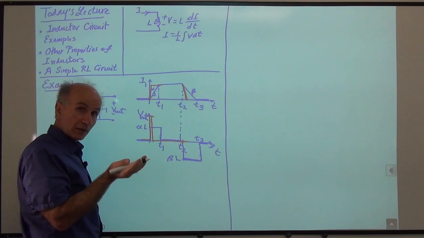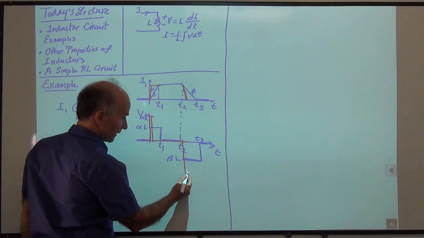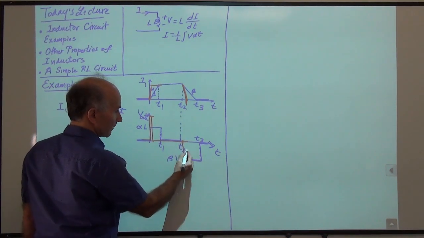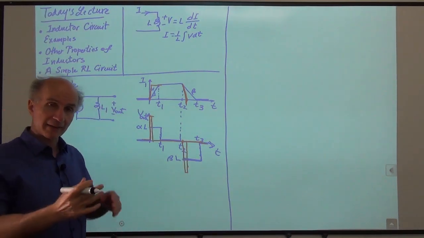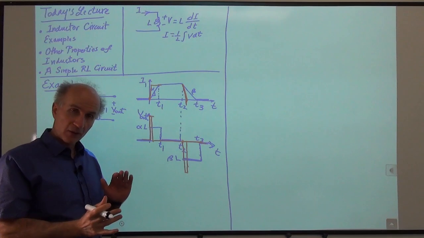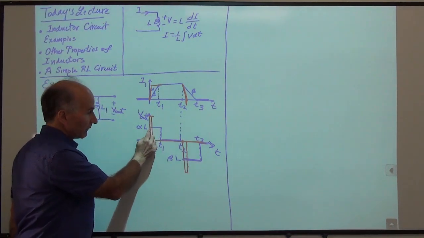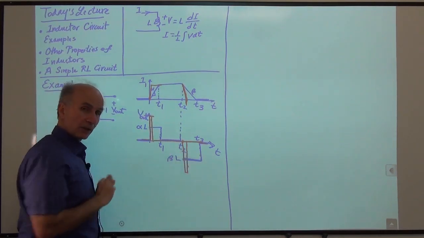So the voltage is larger, but more negative. So the voltage will be like this. And this lasts up to this point here. So it goes back and stays at 0. So we see that as the slope of these transitions increases, the pulse that we have generated here becomes narrower and taller, both here and here.